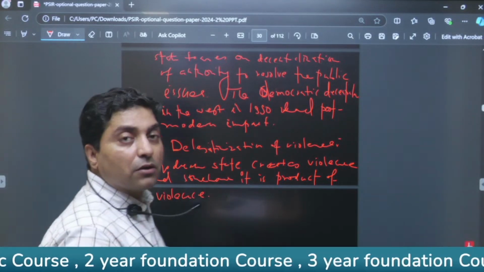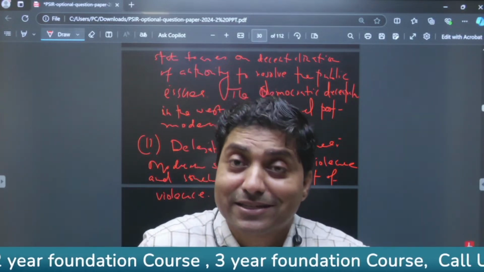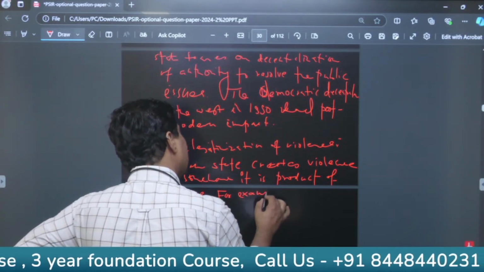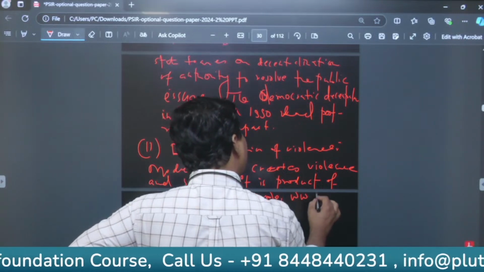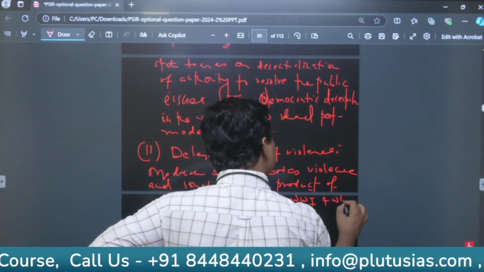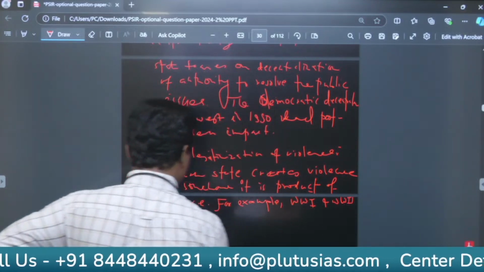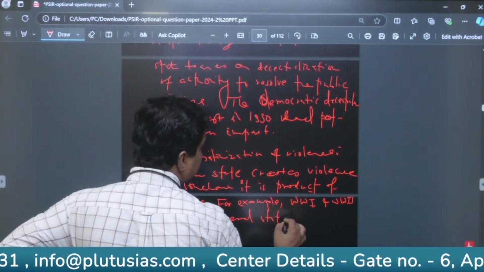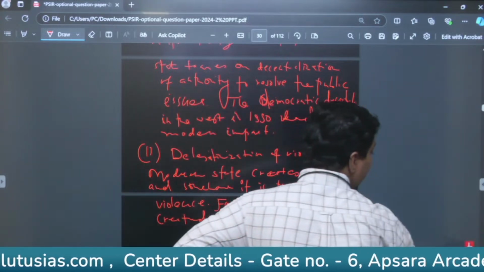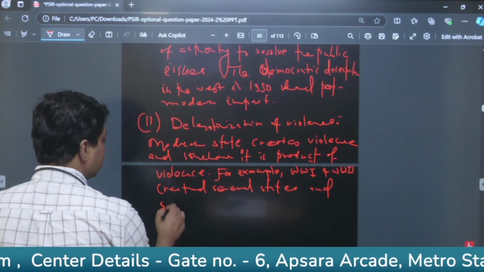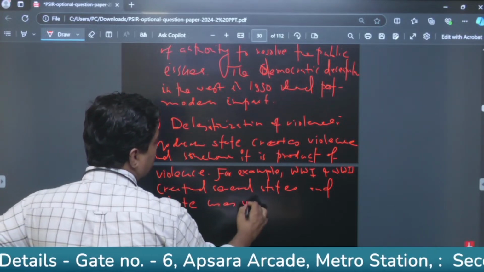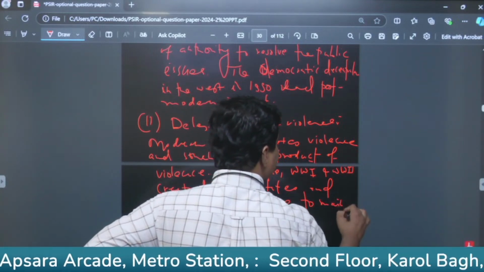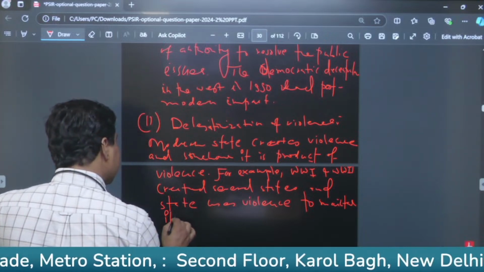For example, World War I and World War II created several states, and a state uses violence to maintain its legitimacy.